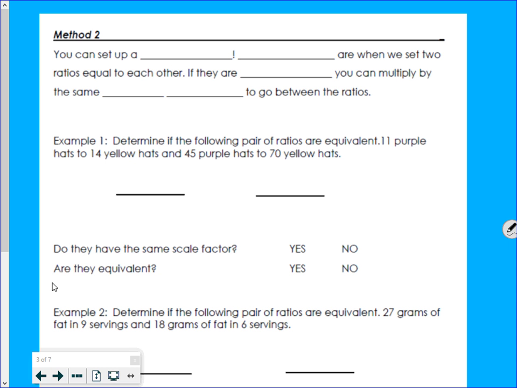The next method that we could use is proportions. So we could set up a proportion. And proportions are used when we set two ratios equal to each other.